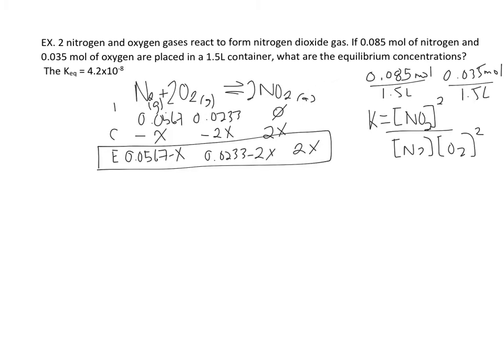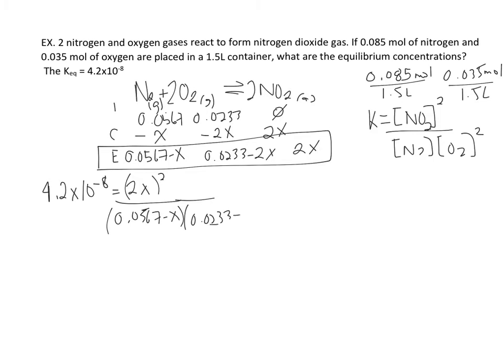So we know we have 4.2 times 10 to the negative 8 is equal to 2x squared over 0.0567 minus x times 0.0233 minus 2x squared.